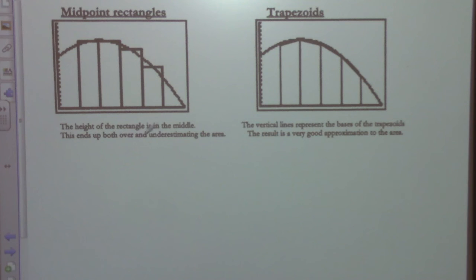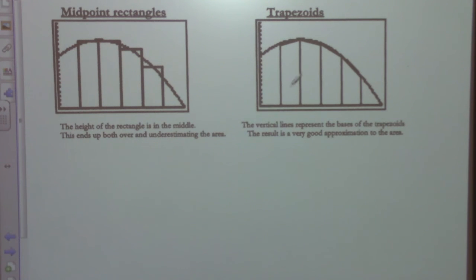So anyway, now we have the example of midpoint rectangles and trapezoids. That looks pretty perfect. Now what you can do for the trapezoid really matches kind of well. It looks like a roller coaster. Is this one here, using trapezoids, going to be an overestimate or underestimate?